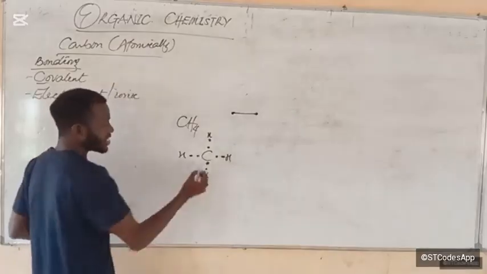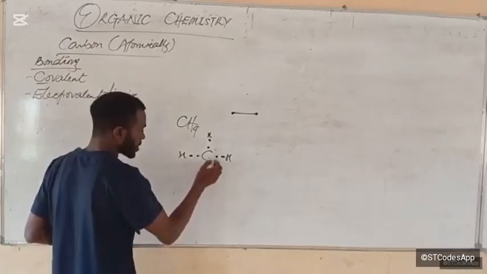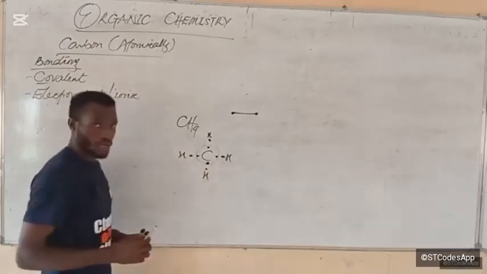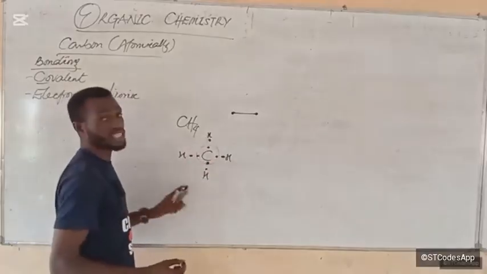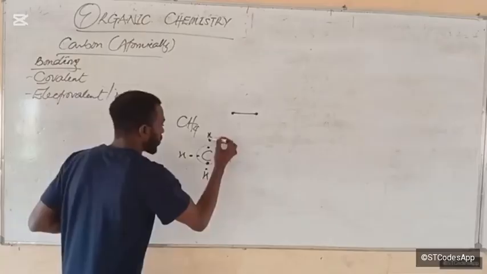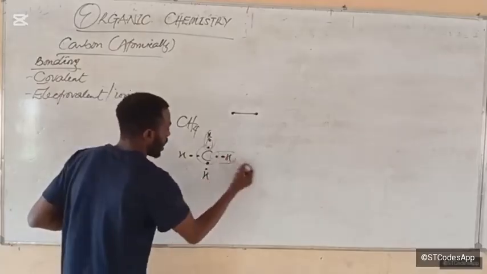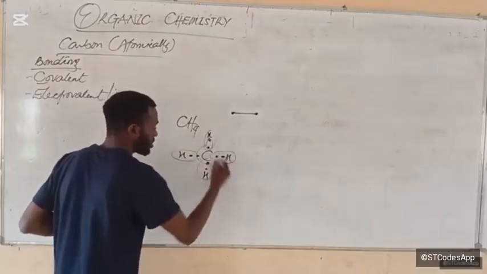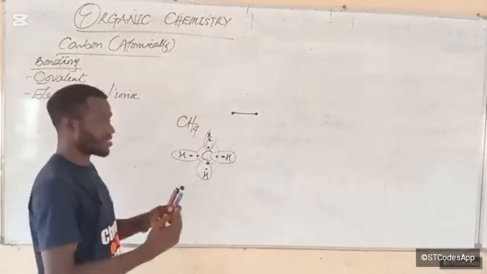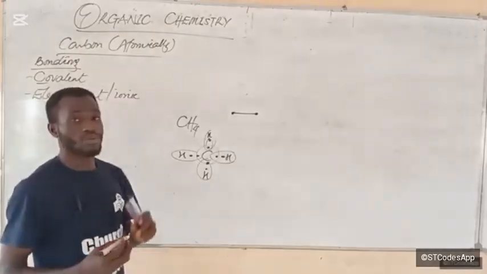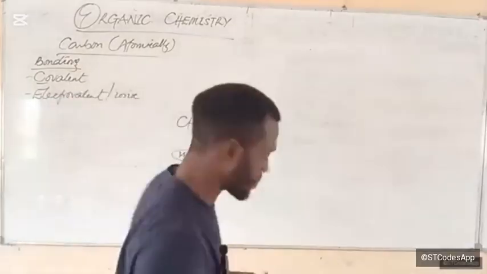So basically, these four electrons are the ones owned by the carbon, okay? Then the remaining four are contributed by the hydrogens individually, and they are going to share in order to attain stability, because at the end of the day, that's the essence of this bonding, to attain stability. So this is covalent bonding in a nutshell.